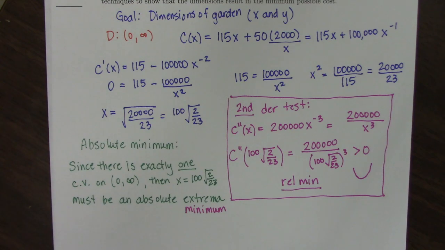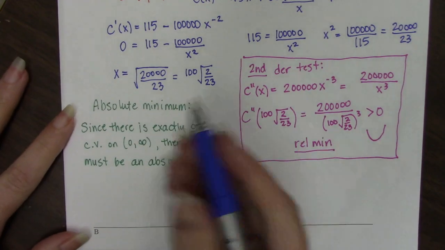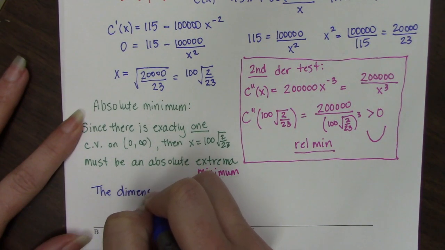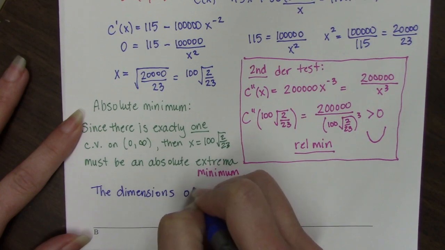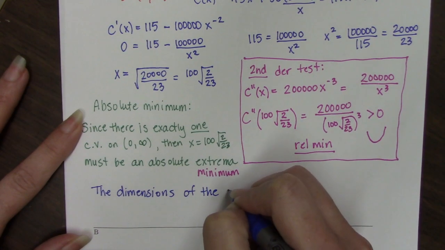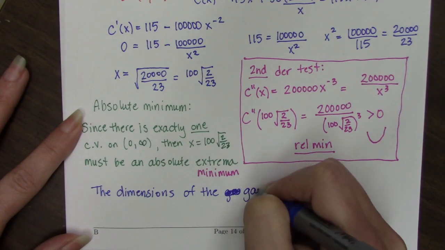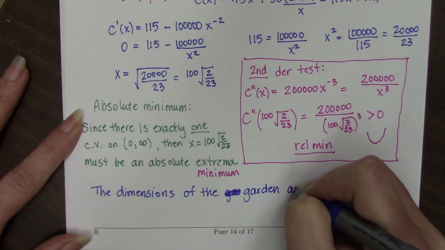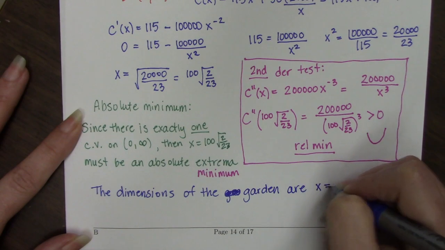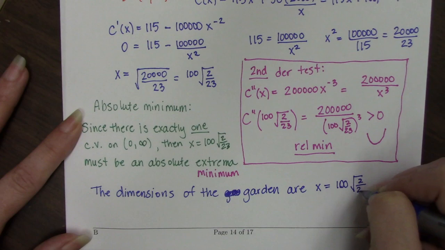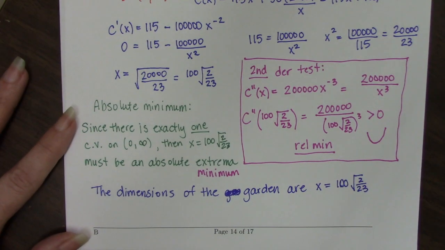So the goal was to give the dimensions of the garden. So the dimensions of the garden, oops, can't spell garden today, are x equals 100 times the square root of 2 over 23.